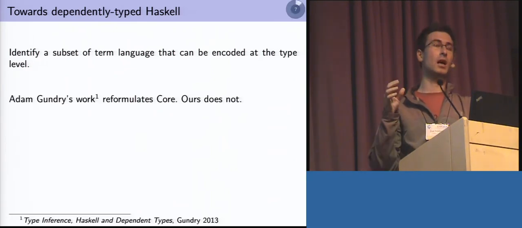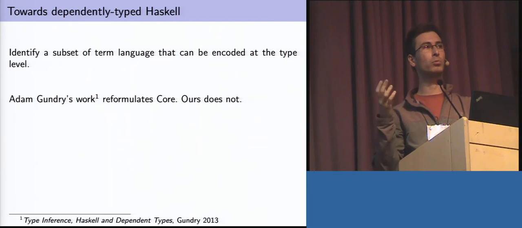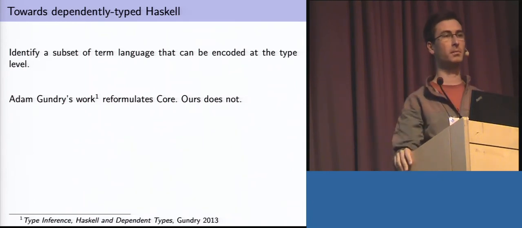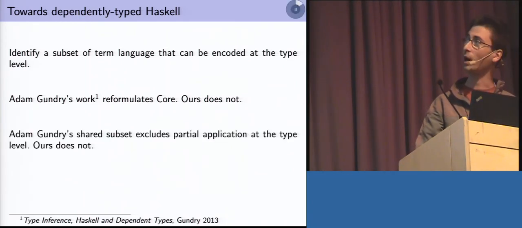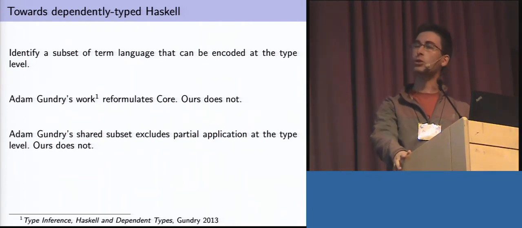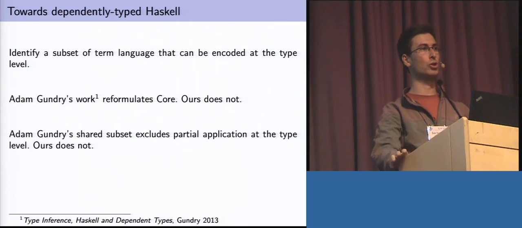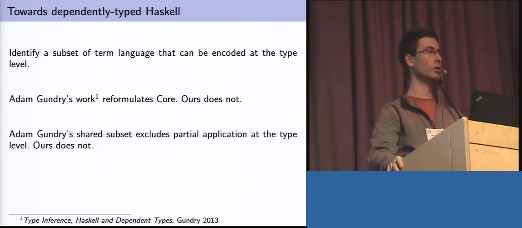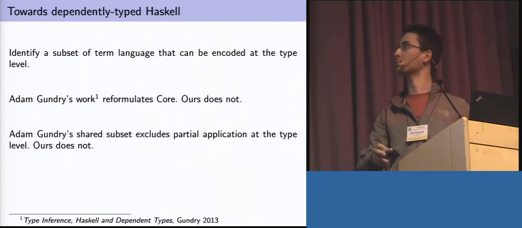The differences are that Adam Gundry's work reformulates Core, whereas our work does not. We build only on existing features. We don't add anything new to GHC. And also, Adam Gundry's formulation excluded partial application from this shared subset, whereas we have found a way to encode partial application at the type level in GHC.